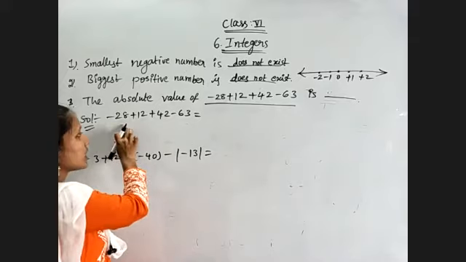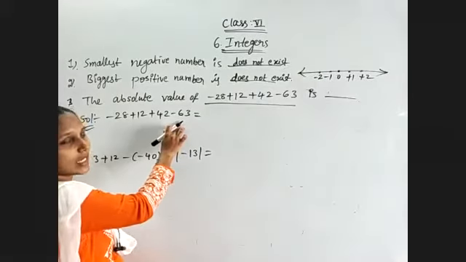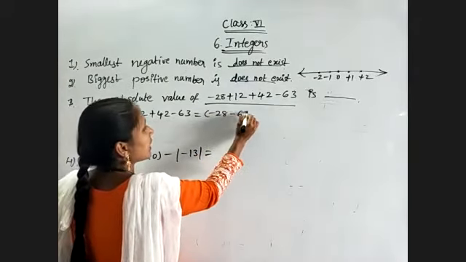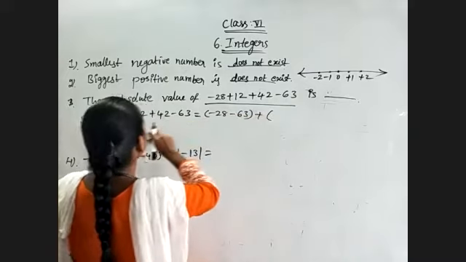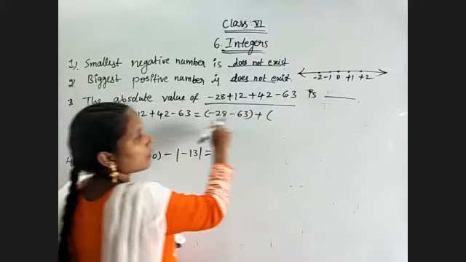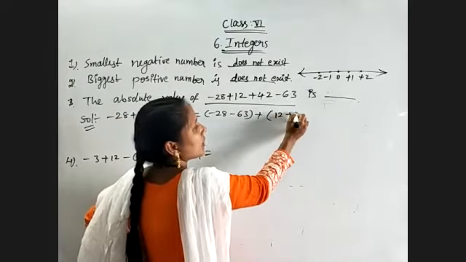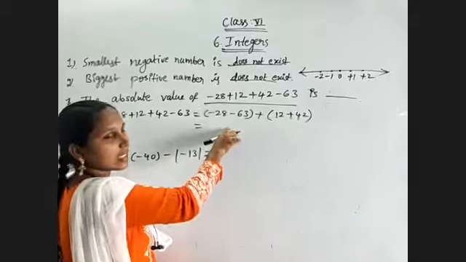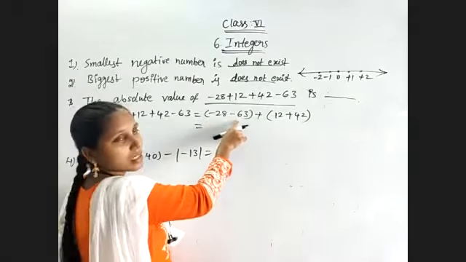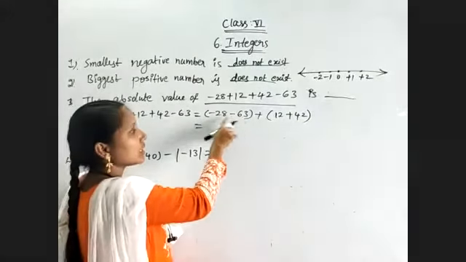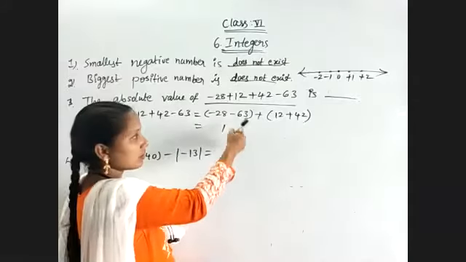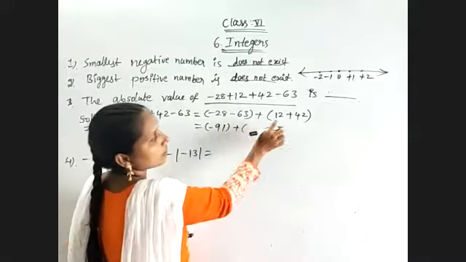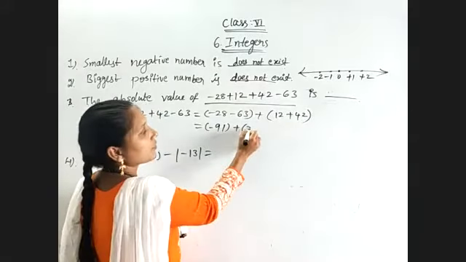So minus 28 and minus 63 are negative integers, so write these two together, minus 28 and minus 63, plus 12 and 42, which are positive integers, so plus 12 plus 42. Now add the like integers. What will we get? Minus minus, so plus: 3 plus 8 is 11, 7 plus 2 is 9, minus 91, plus 12 plus 42 is 54.